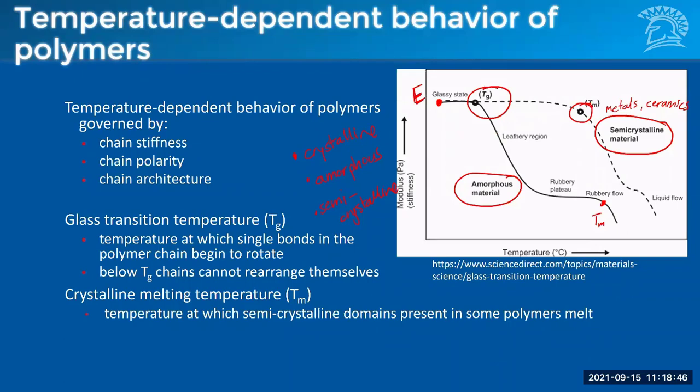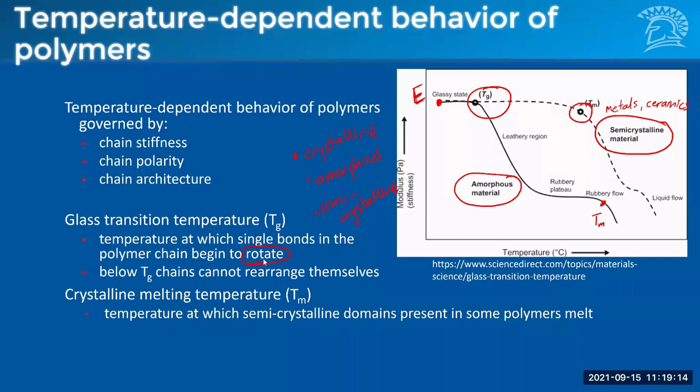At the glass transition temperature, an amorphous polymer has sort of got enough energy to start to give and to start to move. Those chains can start to slide past one another, and we get some deformation occurring in the polymer. Another way to think about what's happening on the molecular scale is that at the glass transition temperature, the bonds in the polymer chain have enough energy to be able to rotate.